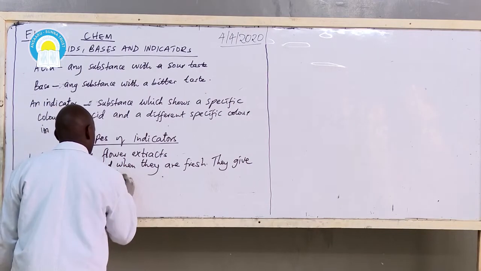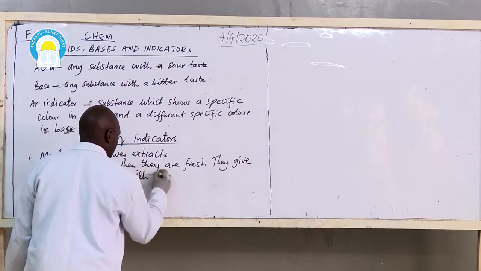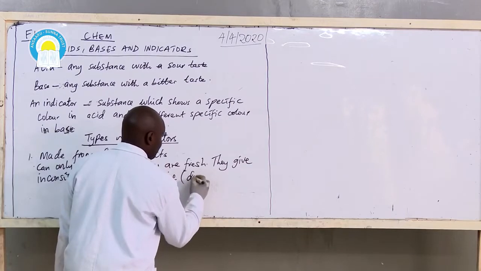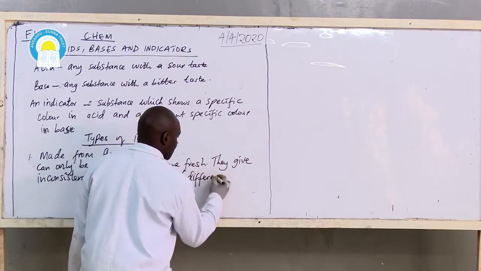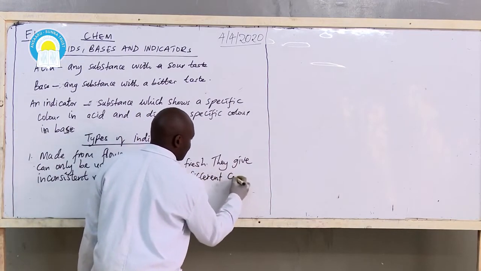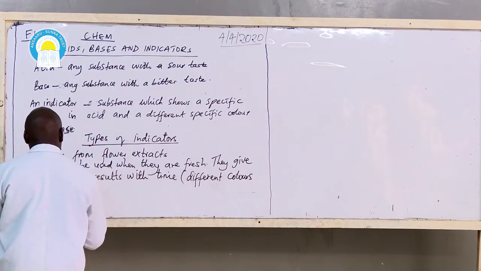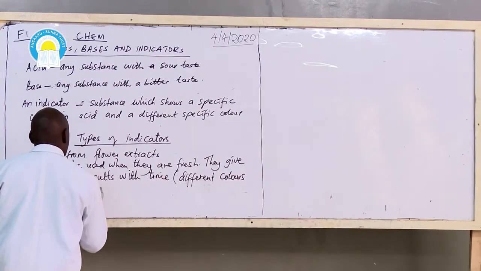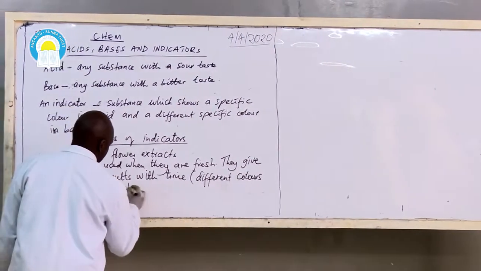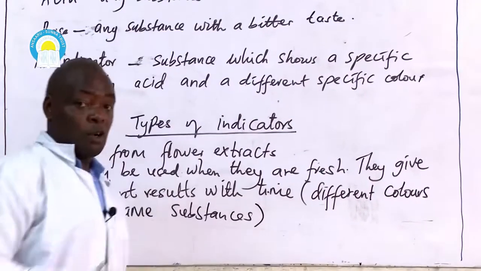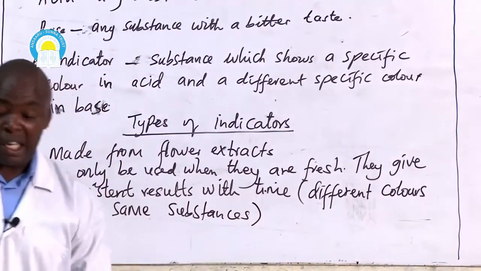By saying inconsistent results, we mean they will give different colors for the same substances as time goes. So that one is being inconsistent.